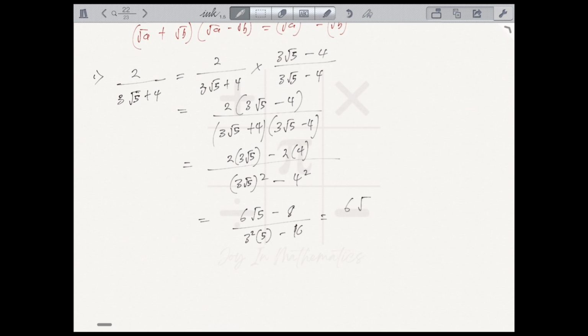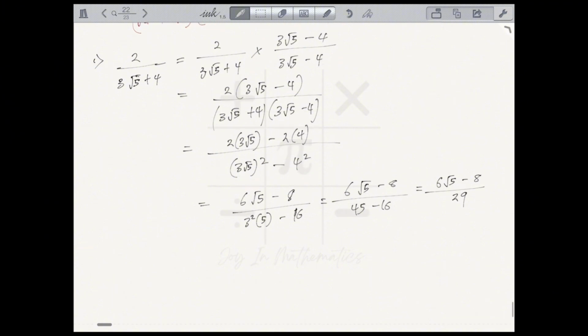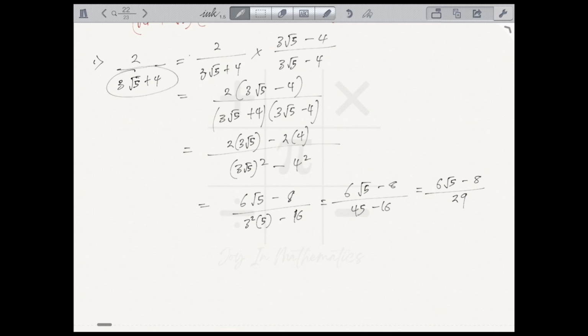So this is 6 root 5 minus 8, and the denominator gives 45 minus 16, which equals 6 root 5 minus 8 divided by 29. Now we have seen how we transform a surd in brackets to a whole number, because that's the whole essence of division of surds, to ensure that we don't have surds at the denominator, but we have whole numbers at the denominator.